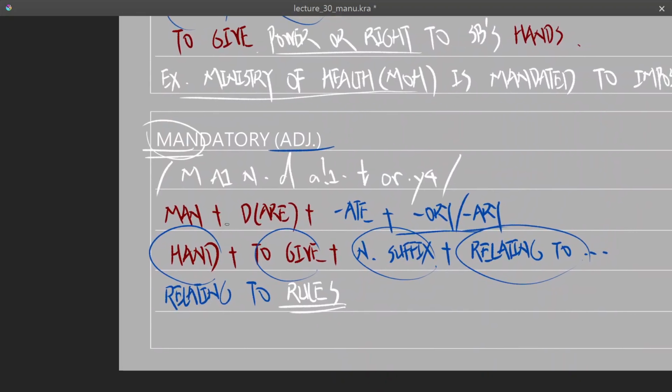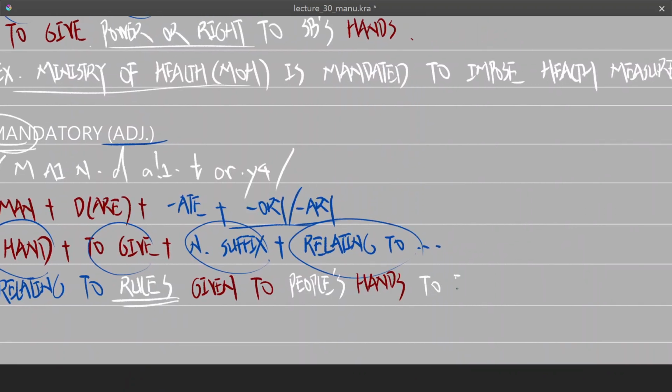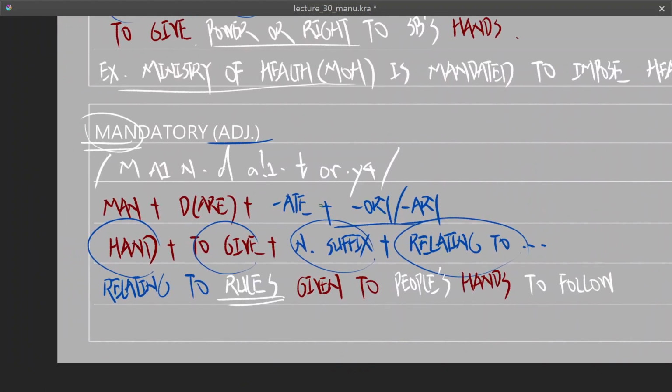Relating to rules given to people's hands to follow. Alright, mandatory: relating to rules given to people's hands to follow.